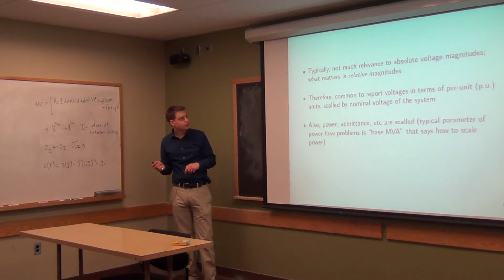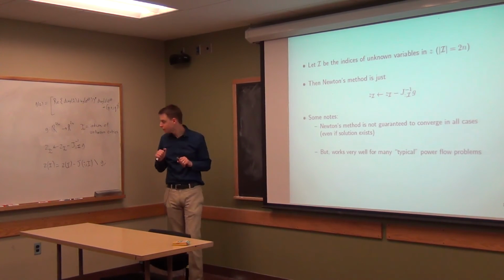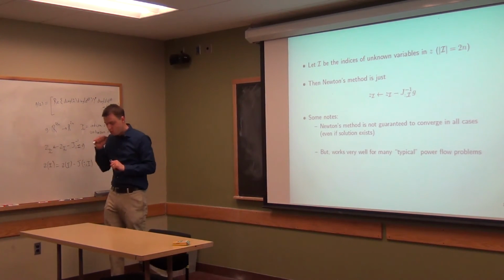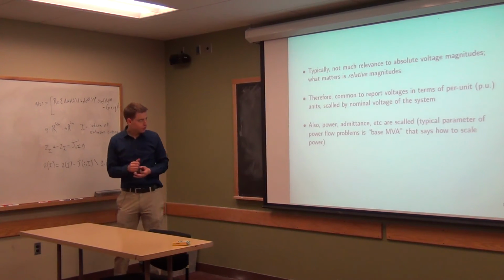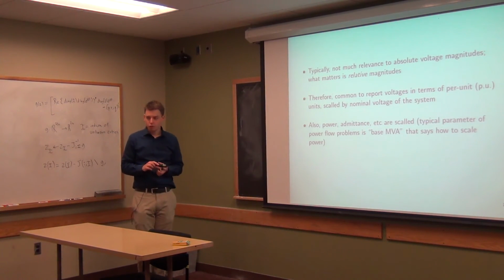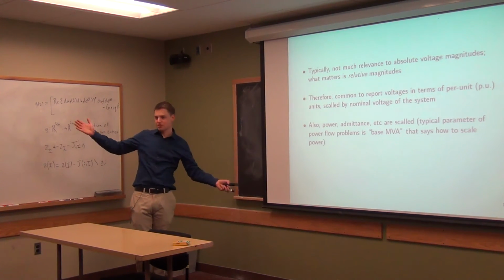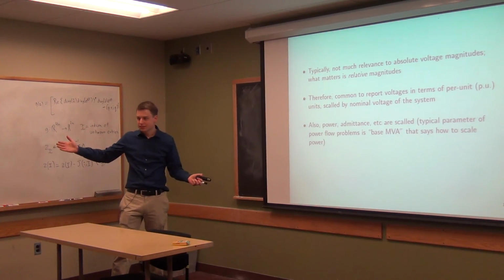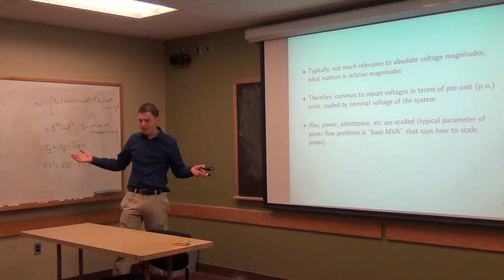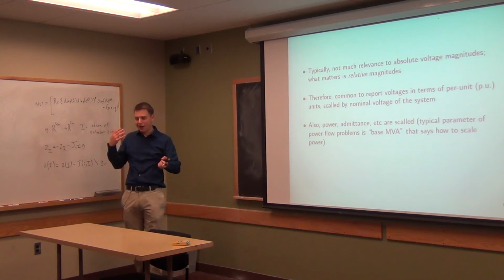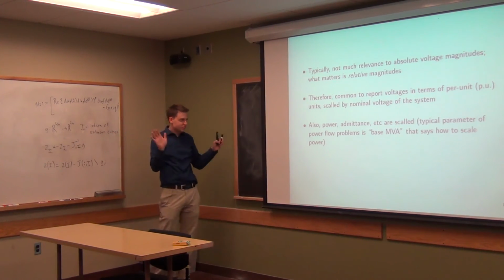So here, one more note. In practice, there isn't too much relevance to the absolute voltages. Power systems operate on high voltages. There are lots of lines that have 750 kilovolts or so. That's a very high voltage. You have transformers that step up and down maybe, but we'll think about a fixed voltage.